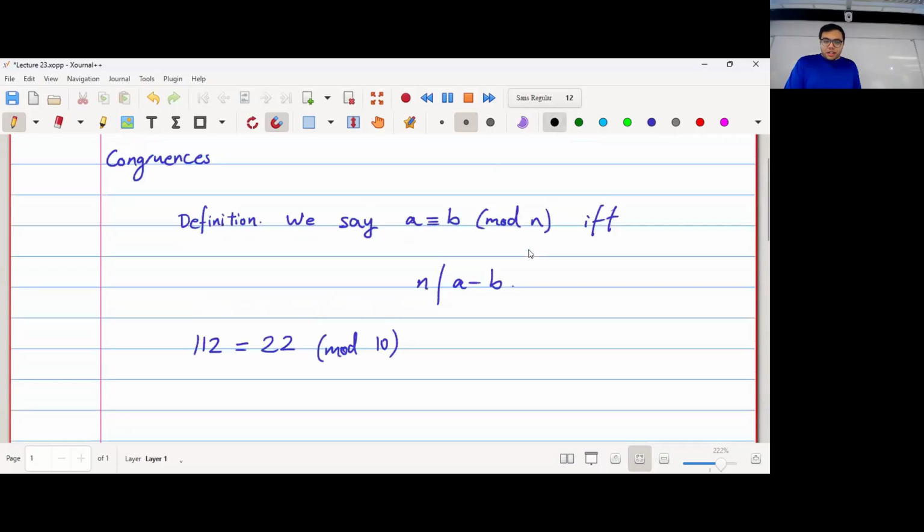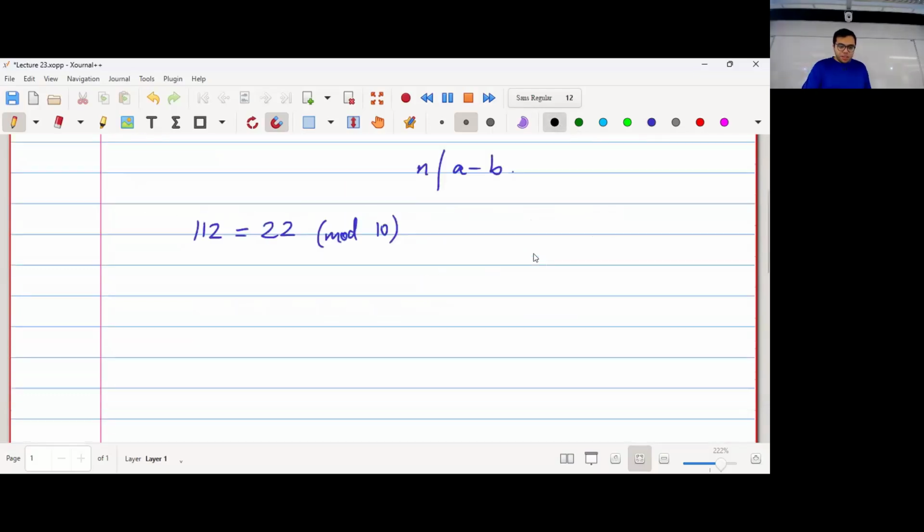We're going to have a very simple theorem first, and then we're going to build upon that. So this is my first theorem. I say that A is equal to B mod N if and only if when I divide A and B by N, I get the same remainders.